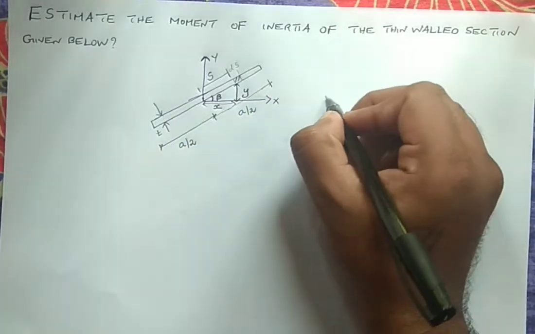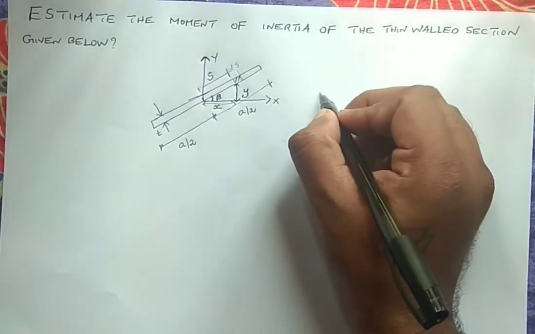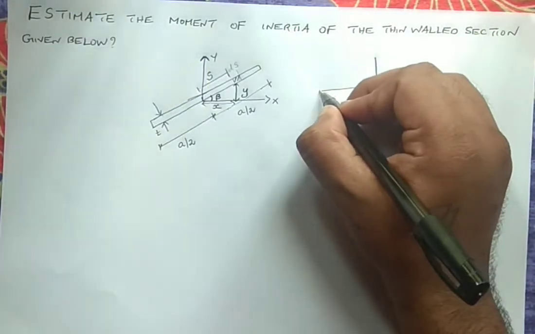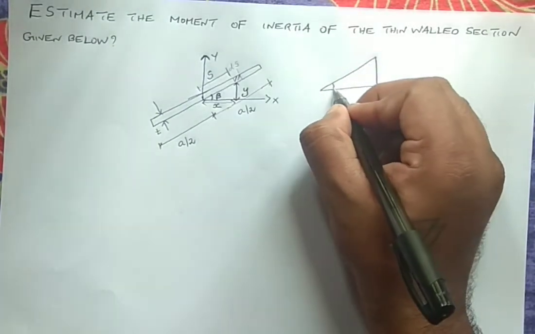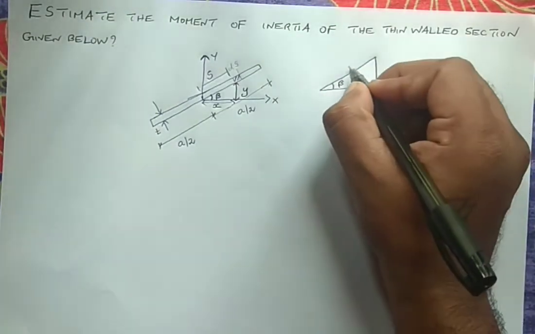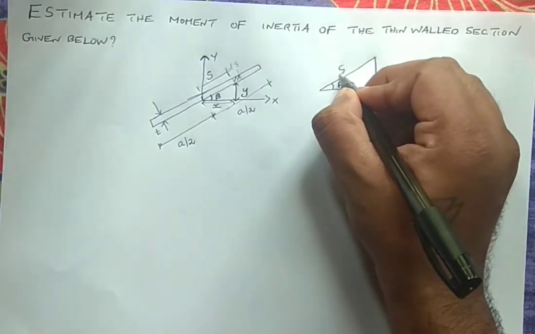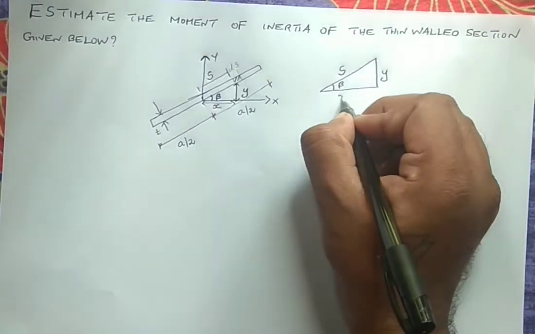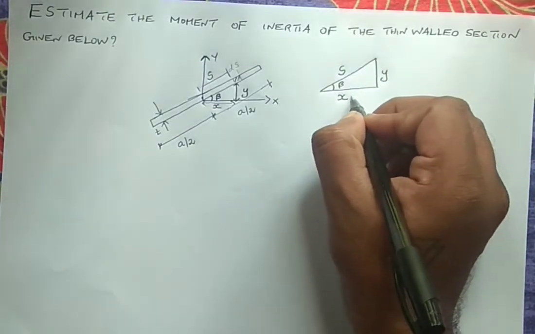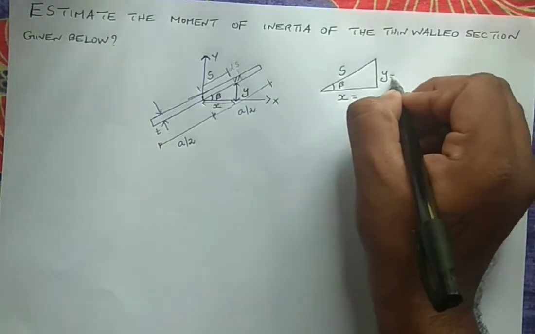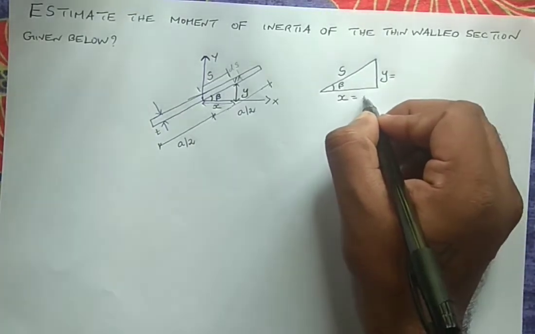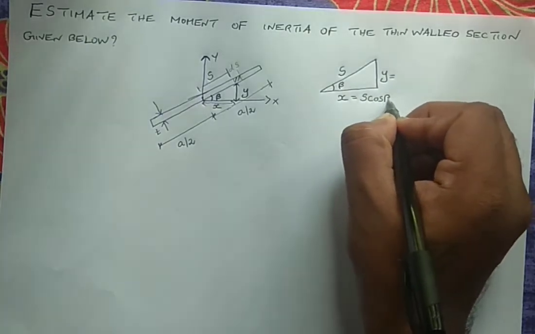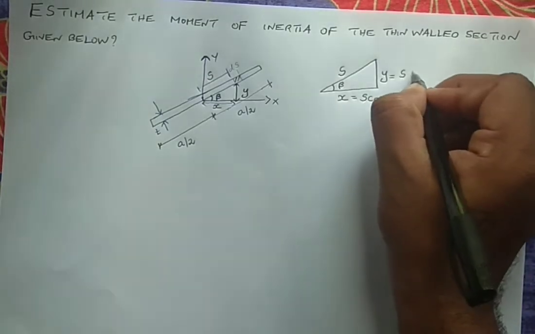Now I can draw a small triangle here. This is the angle beta, the hypotenuse of the right triangle is s, and we have y and x here. We have to convert x and y in terms of s. So x is s cos beta, and y is s sin beta.